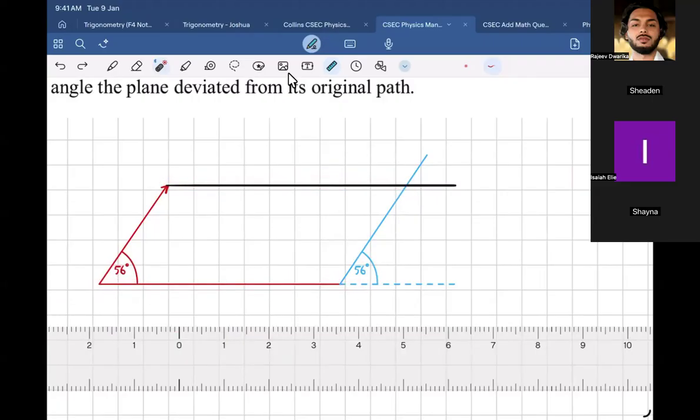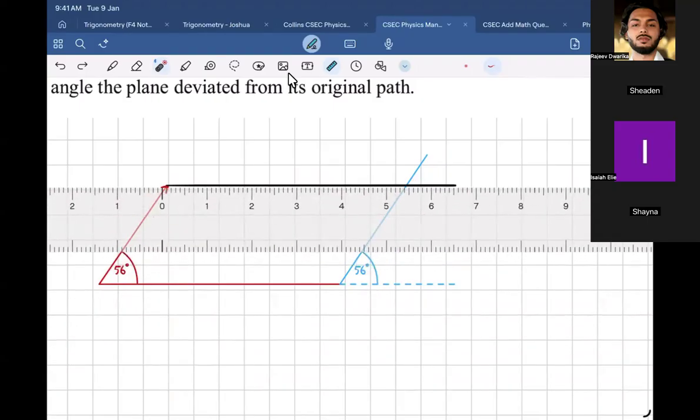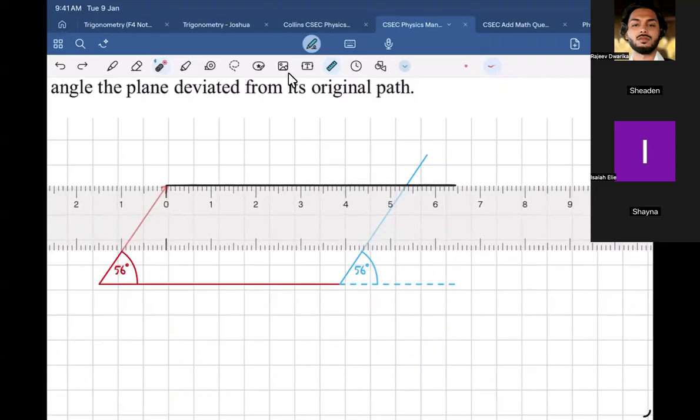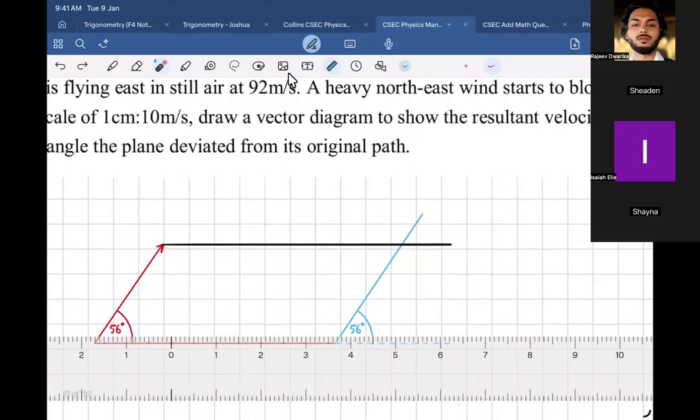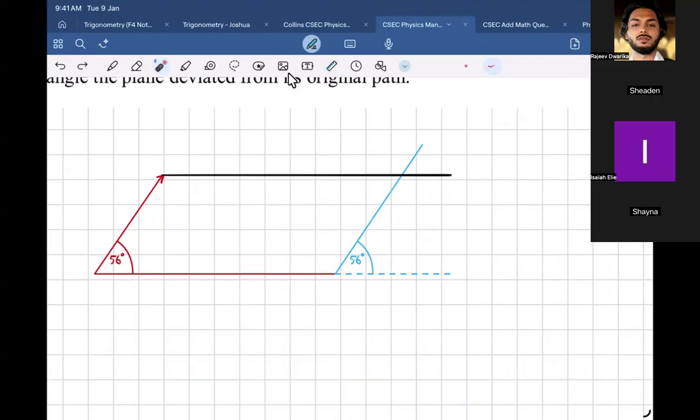So let's check if that's the case, Isaiah. We had measured the bottom length to be 5.35. What is this length measuring? Check it out. 5.35. Right. So once you draw the correct angle between the two forces on the other side, then it should work out.